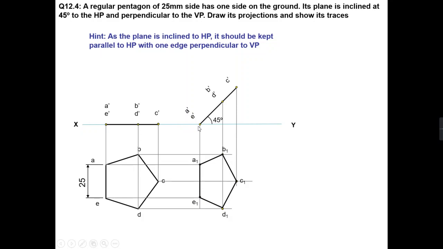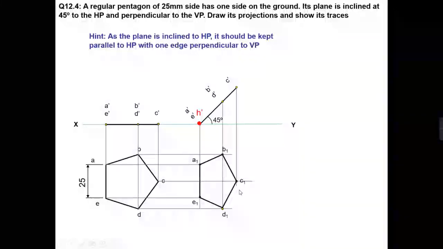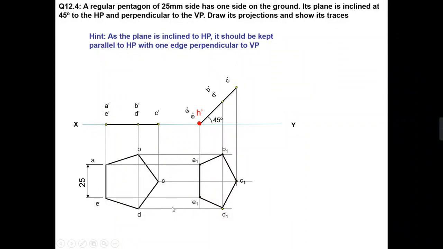So for that, I will extend the front view up to the XY line, and you will get the H dash point. Then I will draw the projector from the H dash point and extend the top view up to the vertical projector. Okay, so this is how you will get the horizontal trace.